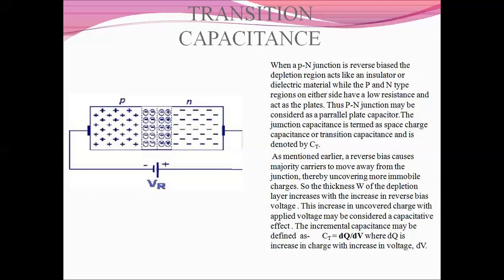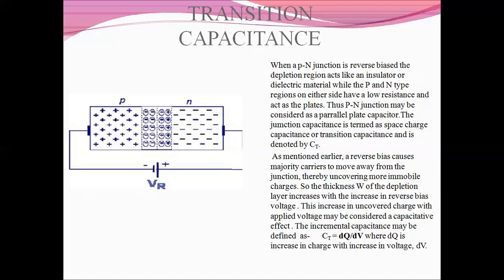So the thickness W of the depletion layer, that is, the width of the depletion layer, will increase with an increase in reverse bias voltage. This increase in uncovered charge with applied voltage may be considered as a capacitive effect.